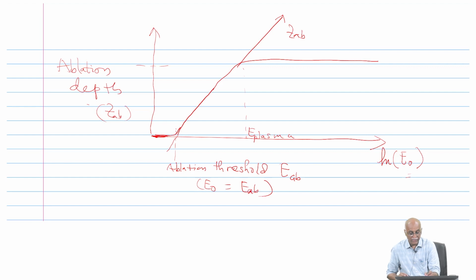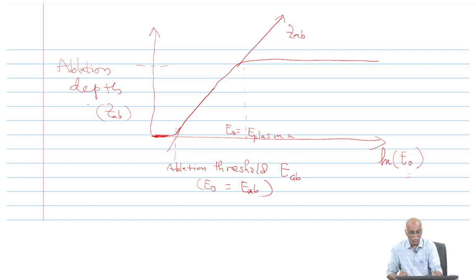And when E0 becomes E plasma, the saturation comes into the picture. Thereafter, plasma absorbs all incoming input energy, while the material is not getting directly affected.